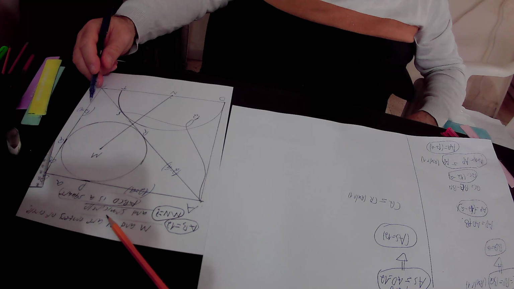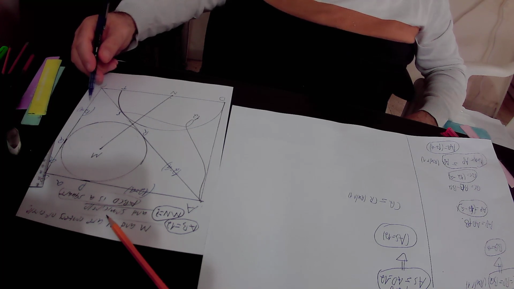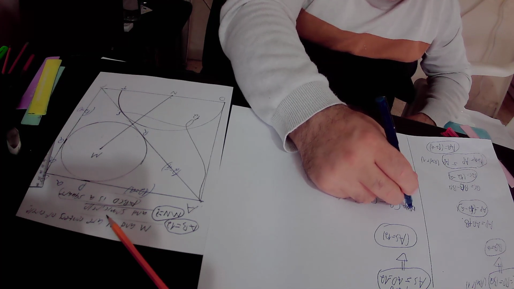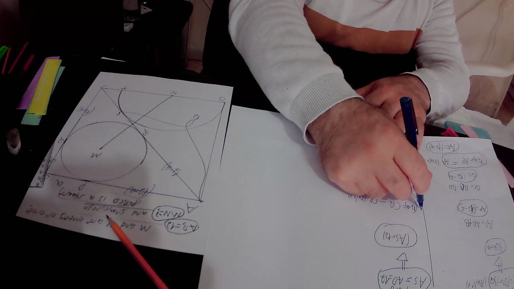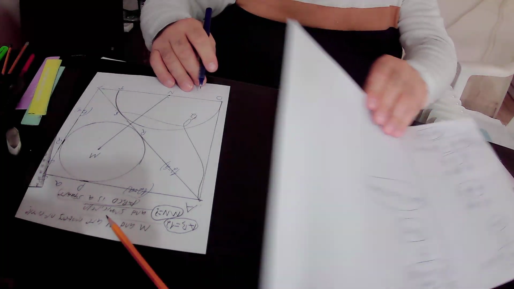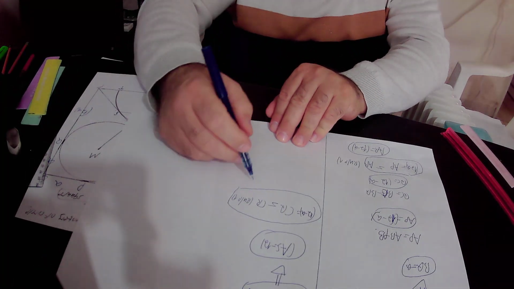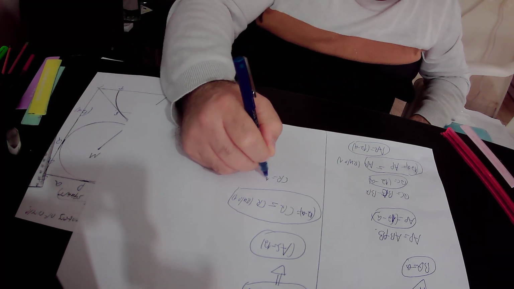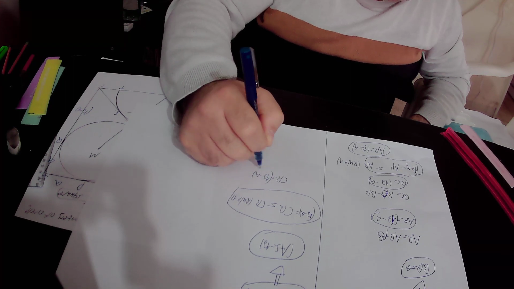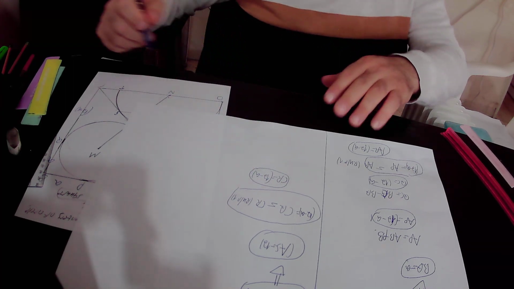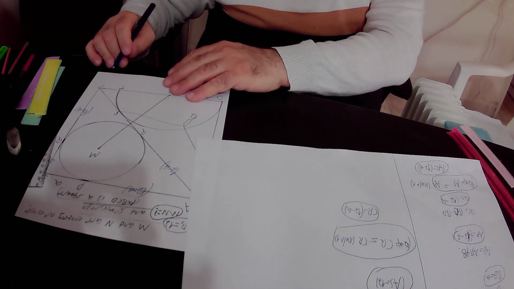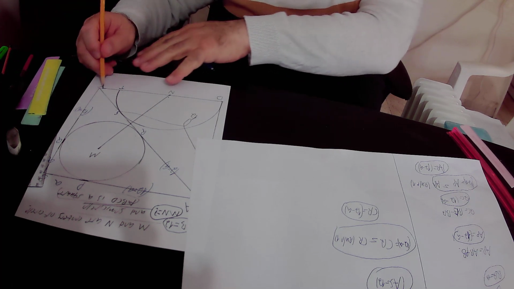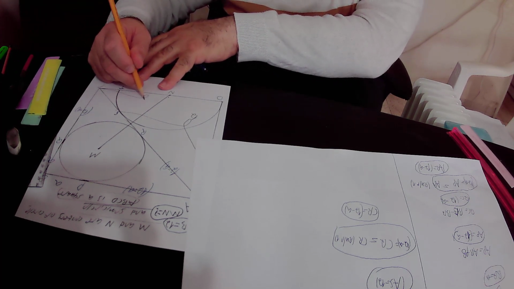But CQ equals 12 minus A, according to what we have already found out. So from this equation, 12 minus A equals CQ equals CR, we conclude that CR is also equal to 12 minus A. So we can write here that CR is equal to 12 minus A.